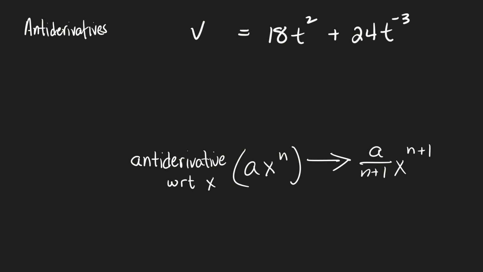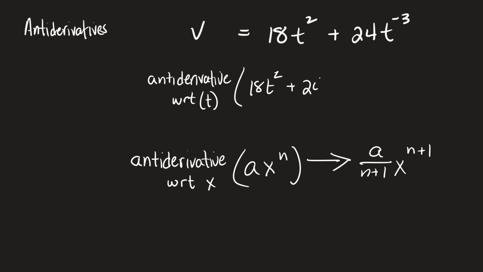If finding the derivative of position gave us velocity, finding the antiderivative of velocity gives us position. So I want the antiderivative with respect to t of 18 t squared plus 24 t to the negative 3.